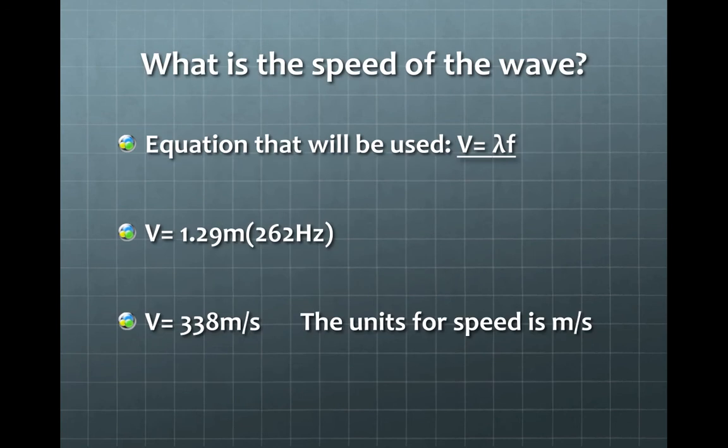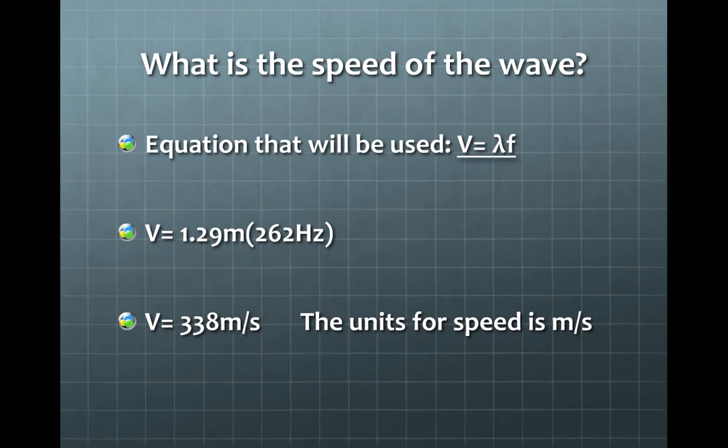What is the speed, or the velocity, of a wave? The equation that we will be using is v equals lambda f. Lambda, which is the wavelength, is the 1.29 meters that we were given before, and the frequency is 262 Hz, which was also given before.